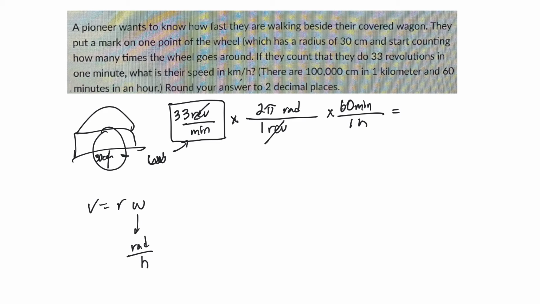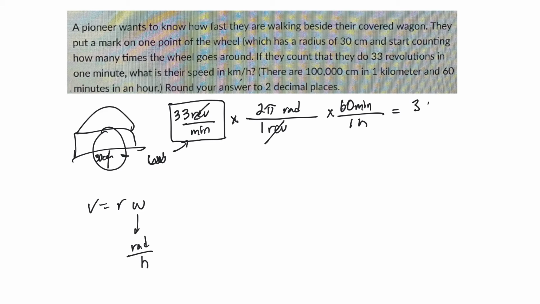If I multiply all this out, I will get a fairly big number. In an hour you probably go quite a way. So on the calculator, 33 times 2 times 60. I'm going to leave the pi in there.